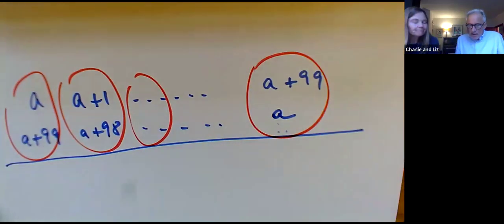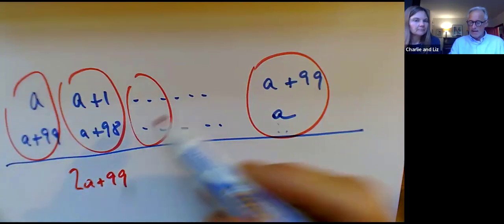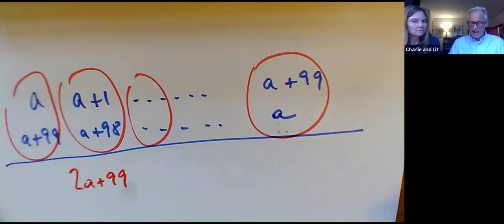That makes sense, because as the terms on the top row increase by 1, the terms in the bottom row decrease by 1. So we're going to have 2A plus 99, 2A plus 99, 2A plus 99, and we're going to have that 100 times.